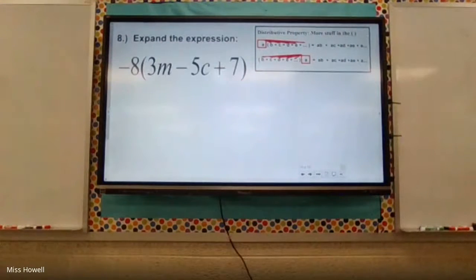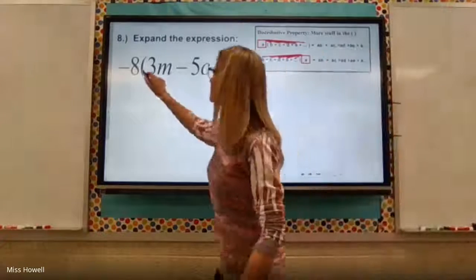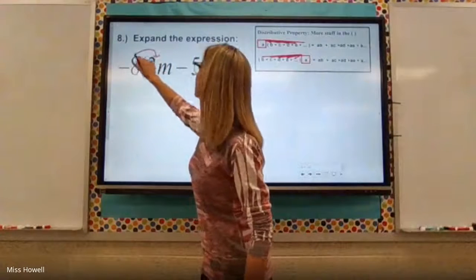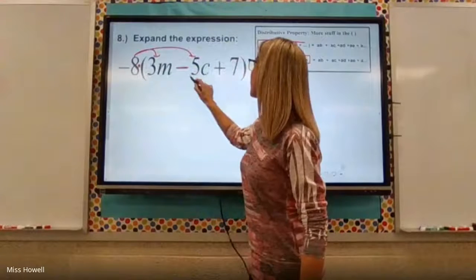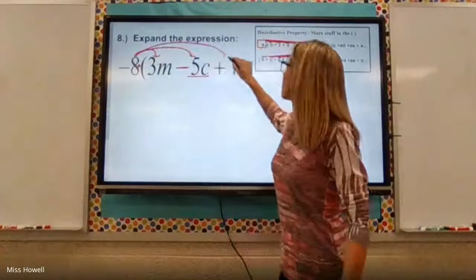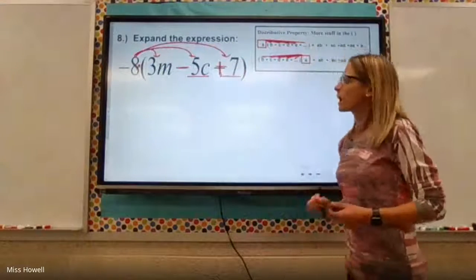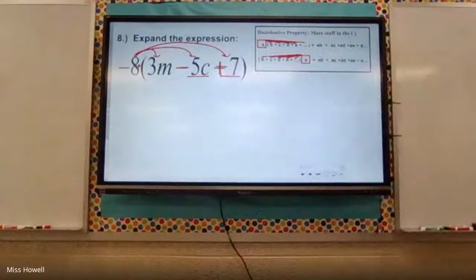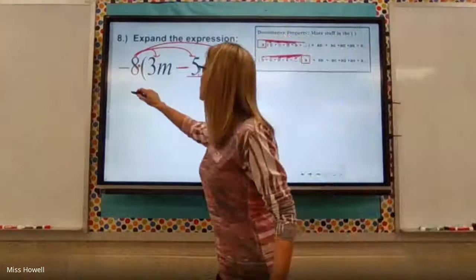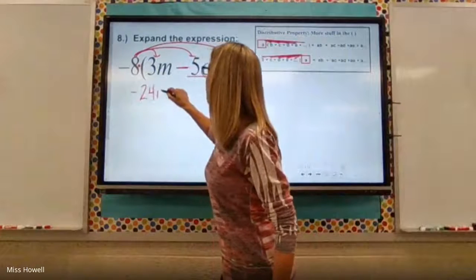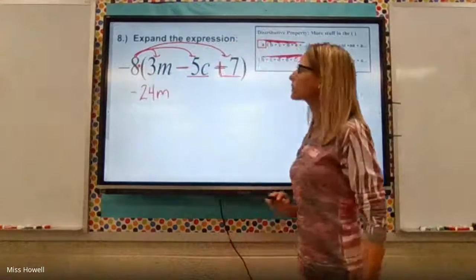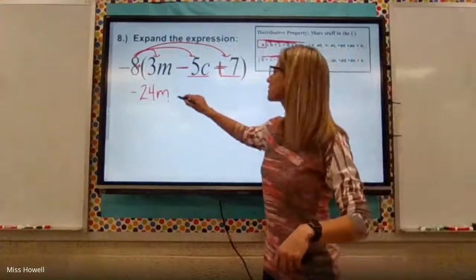All right, last two. We want to expand using our distributive property. We have a -8 times 3m, -5c, and +7. All right, -8 times 3m would give us a -24 times m. Be careful here. A negative times a negative will give us a positive. So down here, it's going to look like a plus.